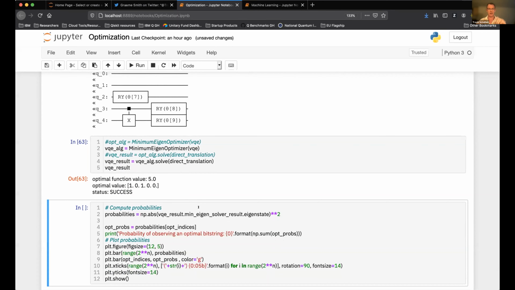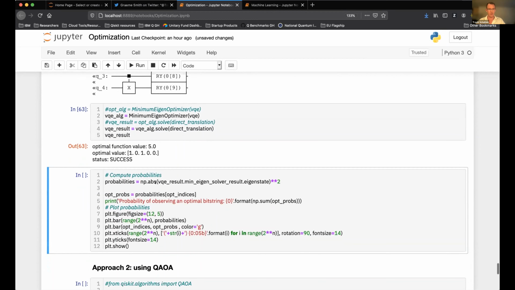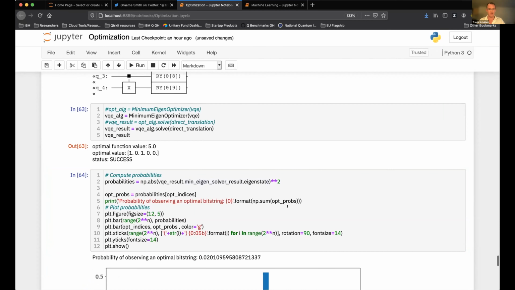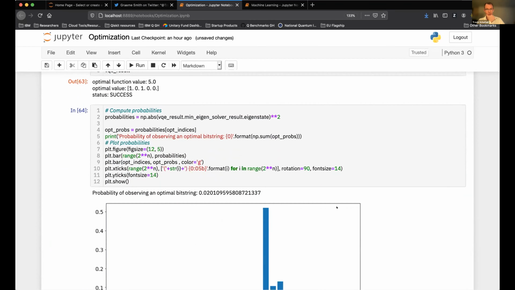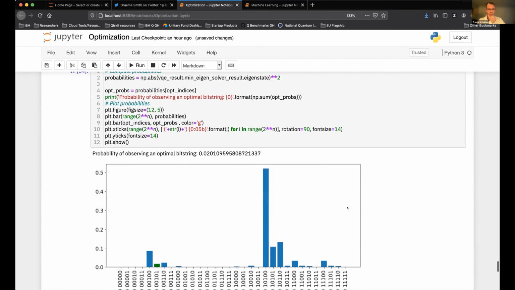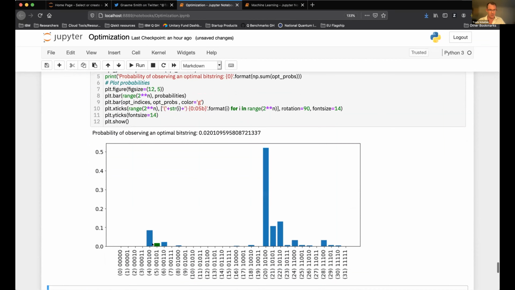And so, as a sanity check, we're going to go back to this VQE result and pull out the corresponding eigenstate that we've converged to and look at the probabilities of getting different bit strings. And so you can see here that in this run, which, I don't know, maybe this is embarrassing to do on YouTube, if we look at all the bit strings and say, okay, this is a good bit string, you can see that a lot of the time we get bit strings which are not good.